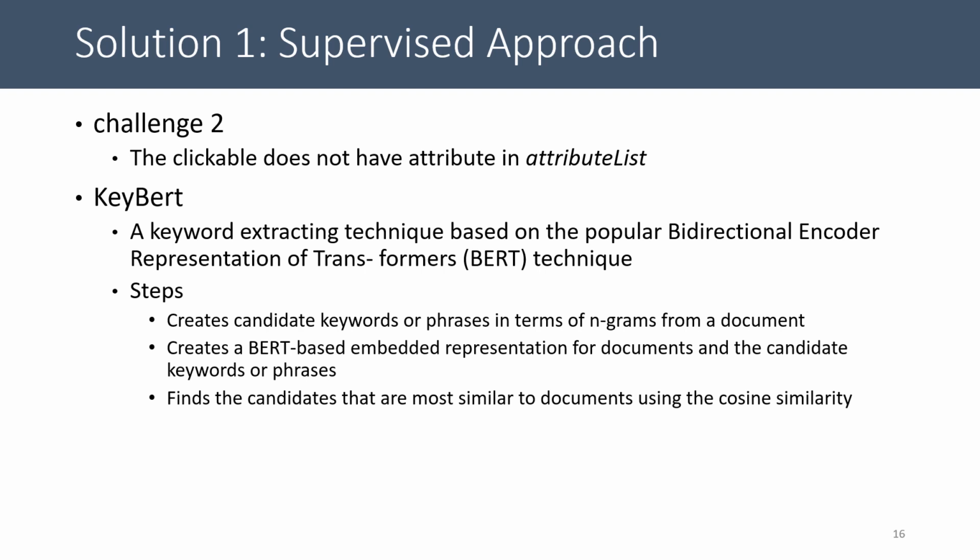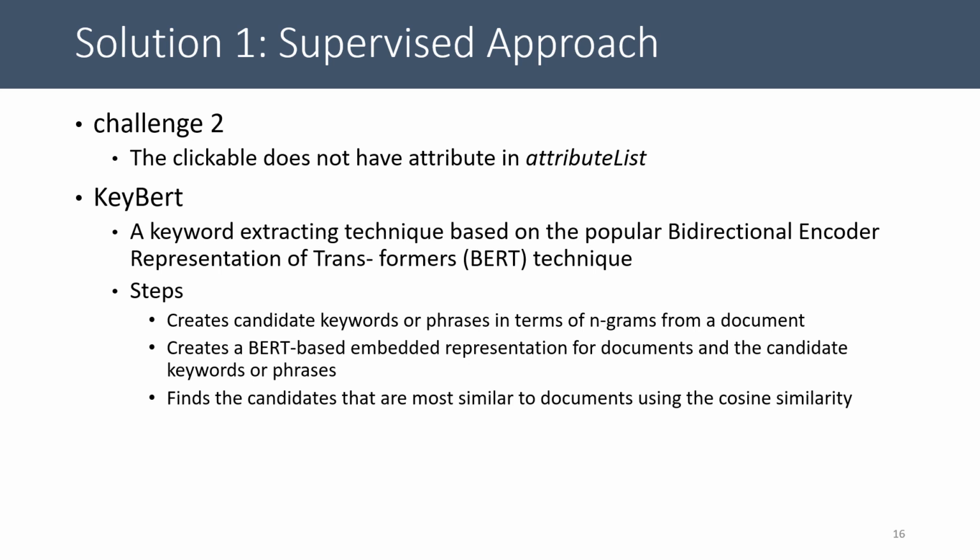When this happens, we will use the output of an existing tool, KeyBERT, as a label. KeyBERT is a keyword extraction technique based on the popular BERT technique. It has 3 steps for extracting keywords from a set of documents. In the first step, it creates candidate keywords or phrases in terms of n-grams from a document.